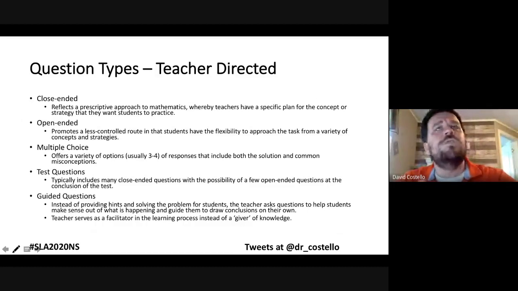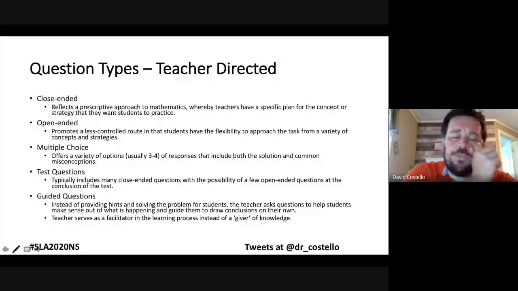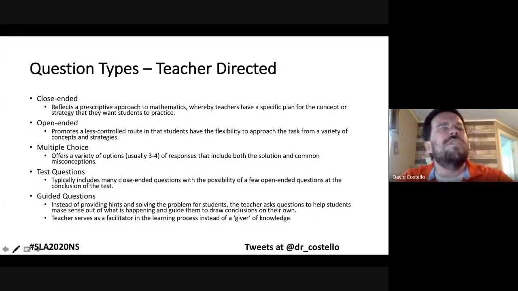Closed-ended is a much more prescriptive approach to math, where the teacher knows what he or she wants the students to do and what he or she wants the students to practice. Then we have open-ended questions, which I know you talked about this morning in other sessions.